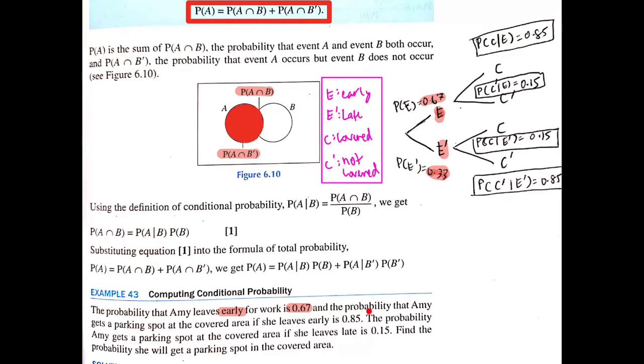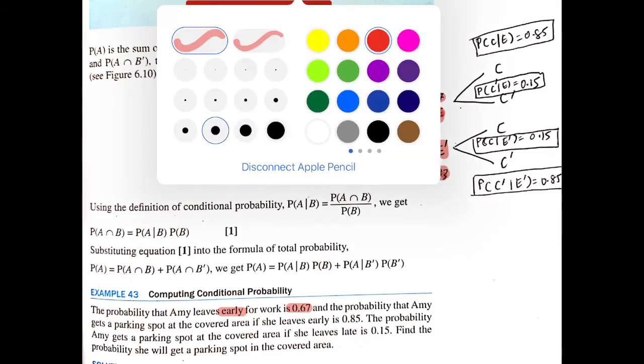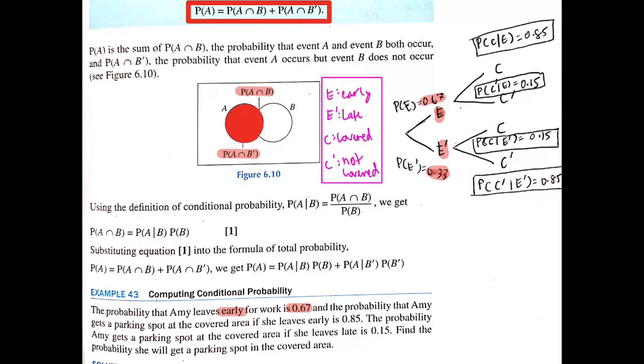Let's read further. The probability that Amy gets a parking spot at a covered area if she leaves early. This is very important. Meaning that this is the second part of your tree diagram, where you have covered and uncovered for early, and also covered and uncovered for when she is late.